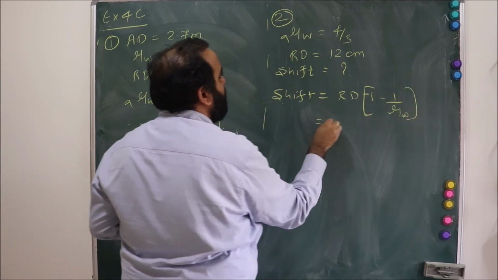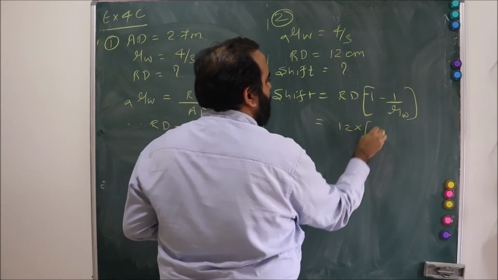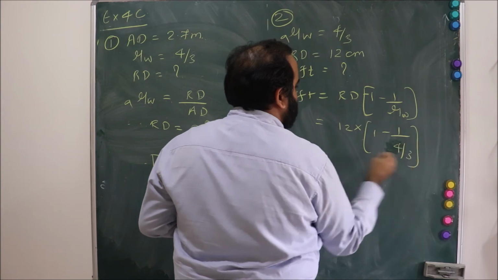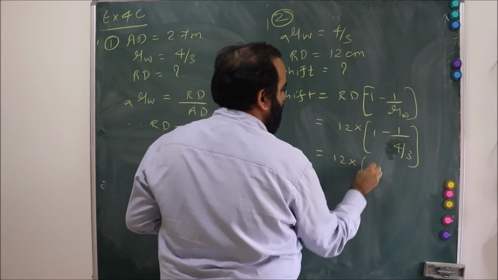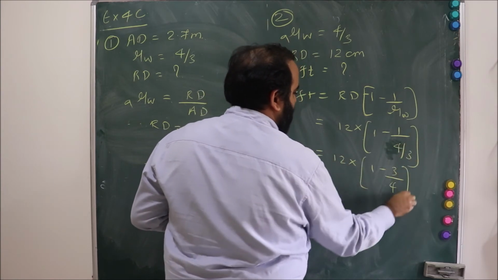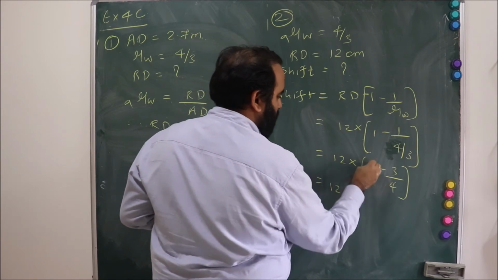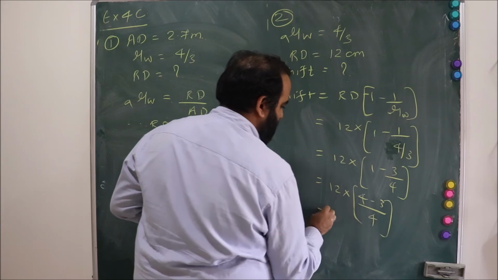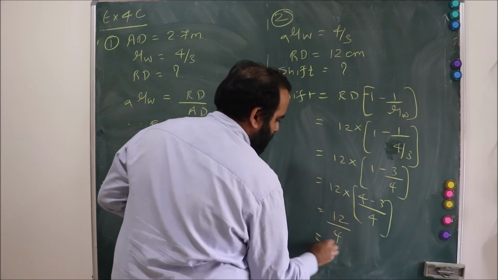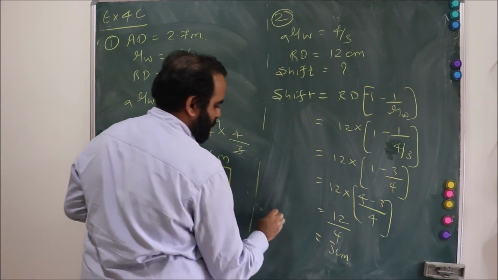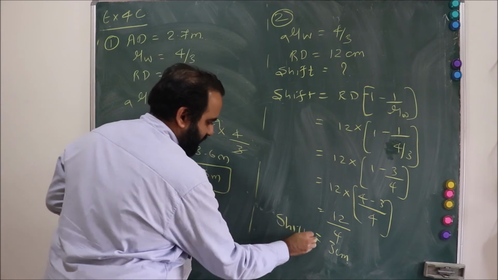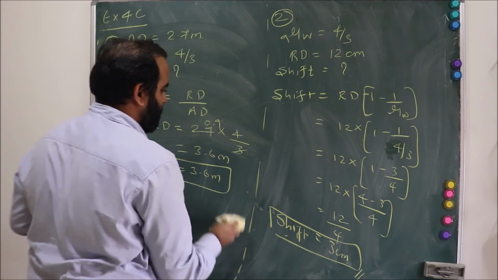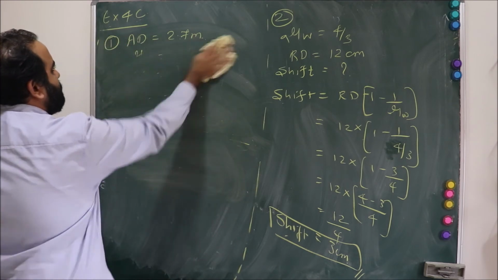Real depth is 12, into 1 minus 1 upon 4/3. This becomes 3/4. 4 minus 3 upon 4. 3 centimeter. So please read the question carefully. Shift has been asked in this particular question.